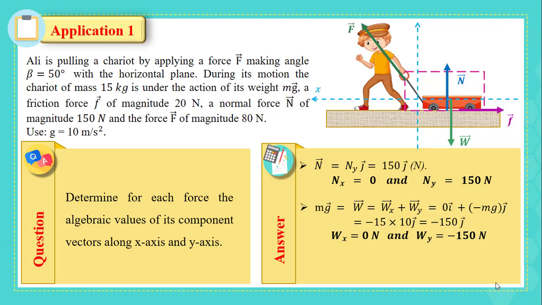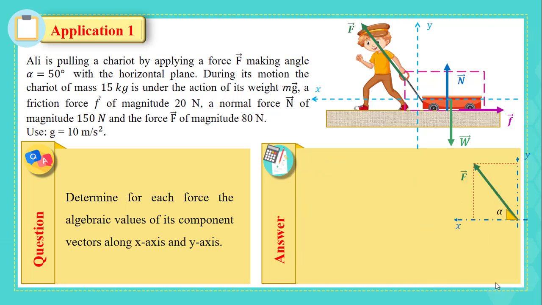Therefore, the x component of the weight is equal to 0 and the y component, Wy, is equal to minus 150 Newton. The friction force has a direction which is opposite to the x-axis. Then f is equal to fx i, which is equal to minus 20i. fx is equal to minus 20 Newton and fy is equal to 0 Newton.